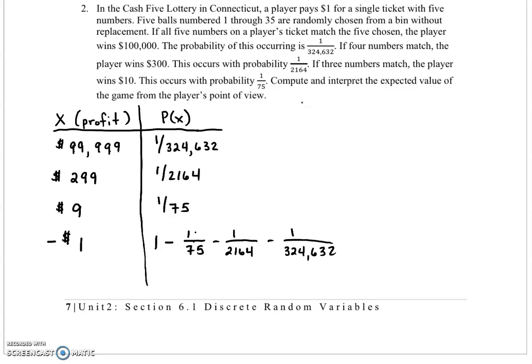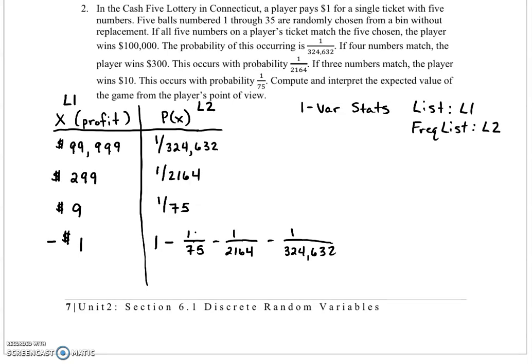Now we will put this again in one-var stats with list as L1 and the frequency list as L2. And we're going to put the X's in L1 and the P(X)'s in L2.